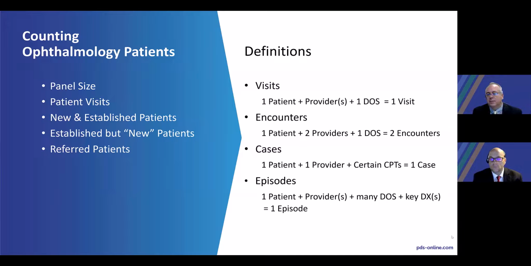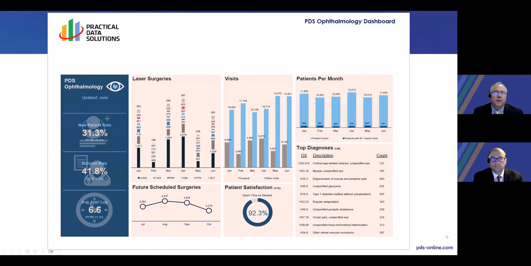Going a little further, we may want to put them into some dashboards or visualizations where we can look at breaking out surgeries, scheduled surgeries, visits, patients per month, and even referrals. This is just an example of different ways you might want to start to correlate some data. One of the big things we see on this one is the new patient rate.